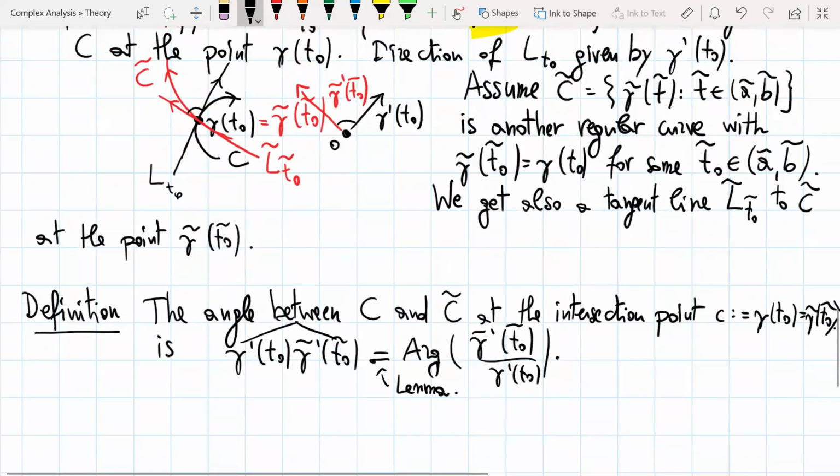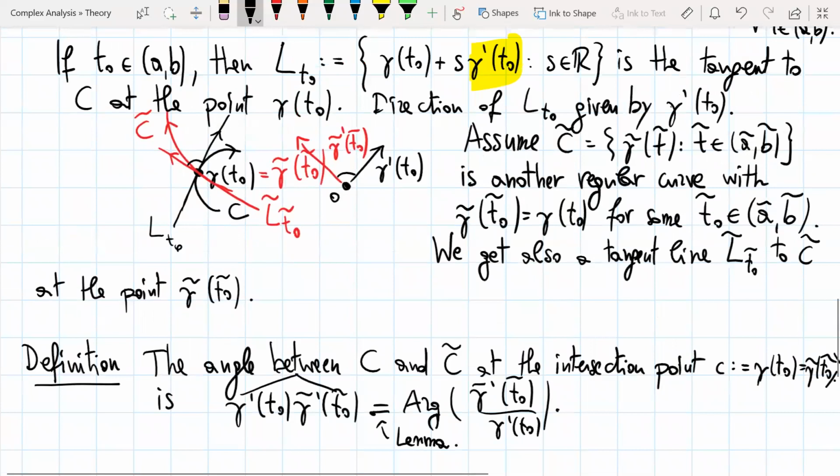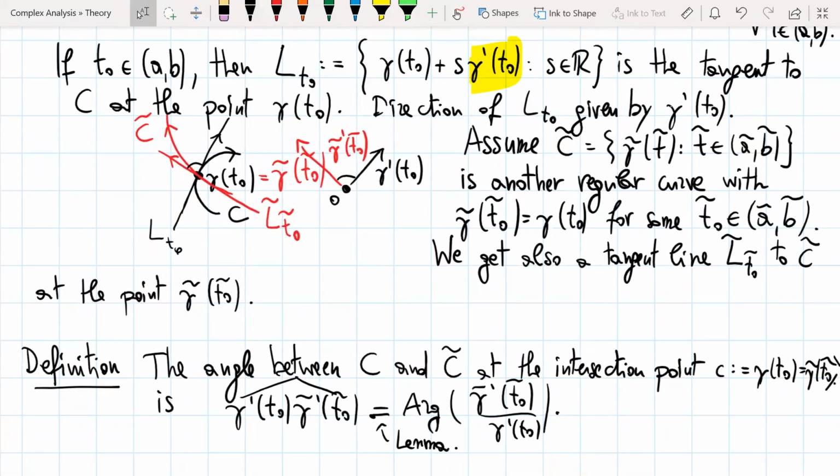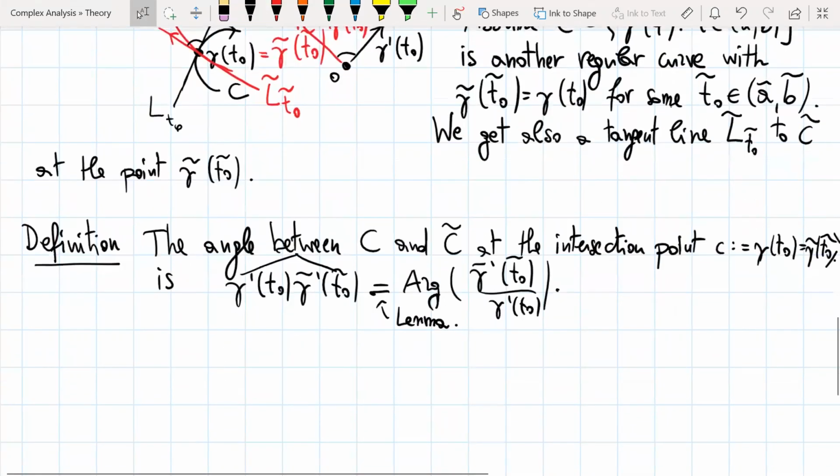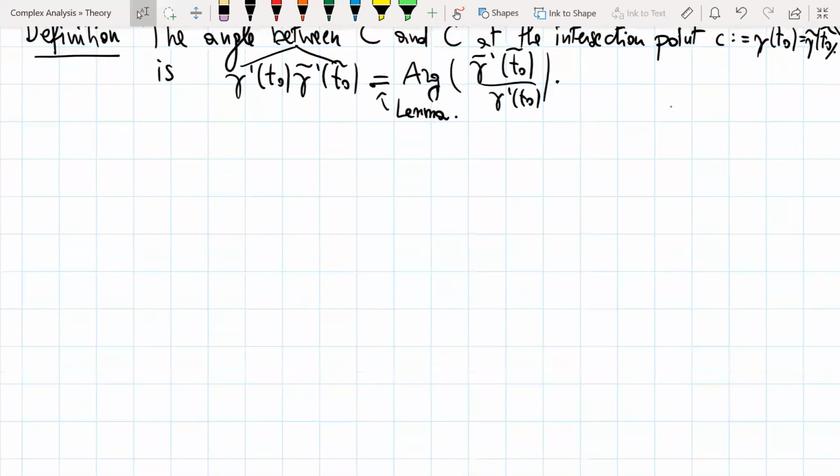Okay, so now the important property we want to show is that holomorphic functions preserve the angles between curves. This is the content of the theorem with which we are going to finish this first part.